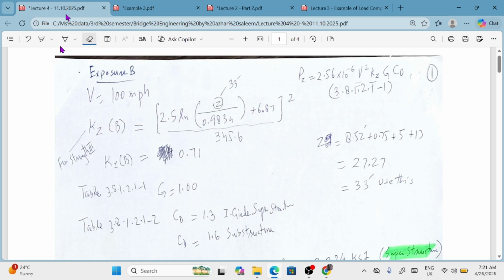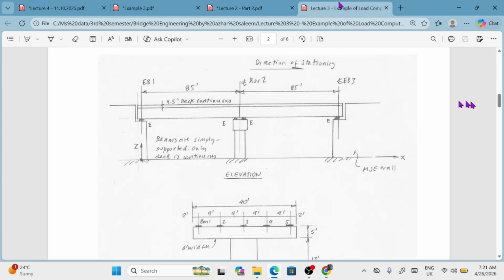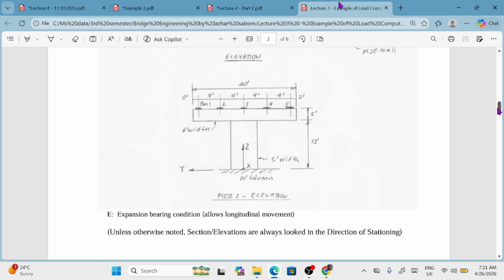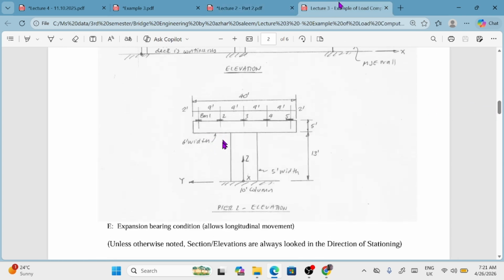So to calculate Z, which is height, what will be our height? We will use this diagram to calculate height. This is simply 13 feet.